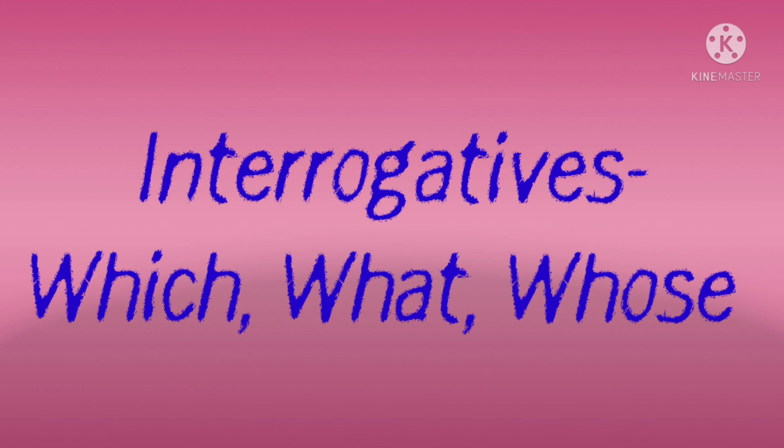For example, I said what color, so color is a noun. Now when I am saying what color, that means I am modifying the noun, the color. So this is an interrogative as well as a determiner. So these three interrogatives are also the determiners, as they modify the nouns.